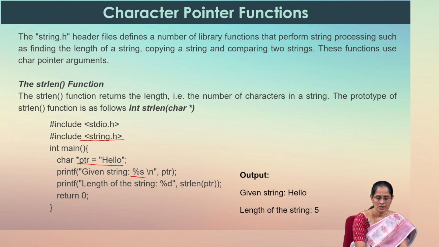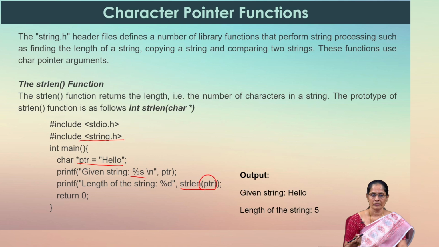Then I can just use the strlen function by giving the pointer as the input. Instead of giving the string as input, we are making the first address of hello be pointed to by ptr. So, I can just give the pointer as input to make use of the library function strlen to find its length.